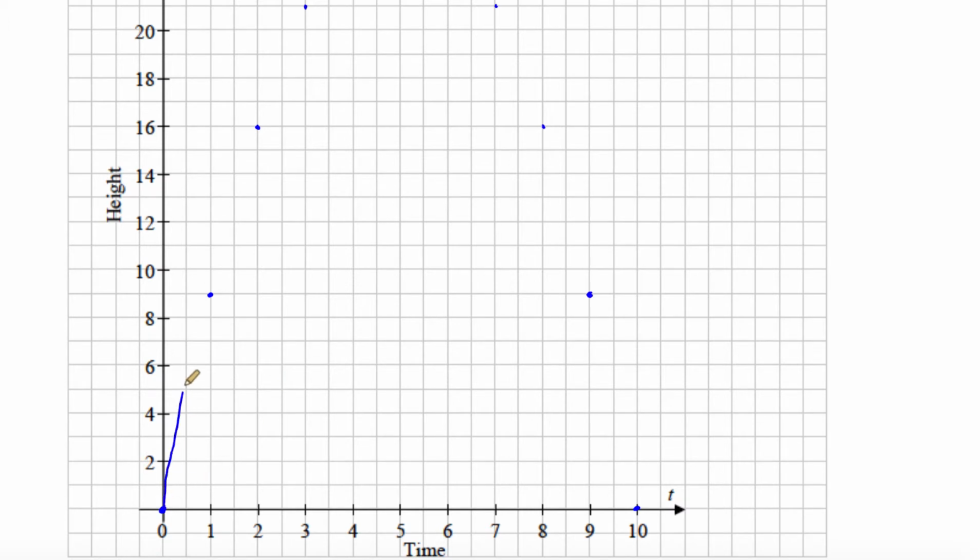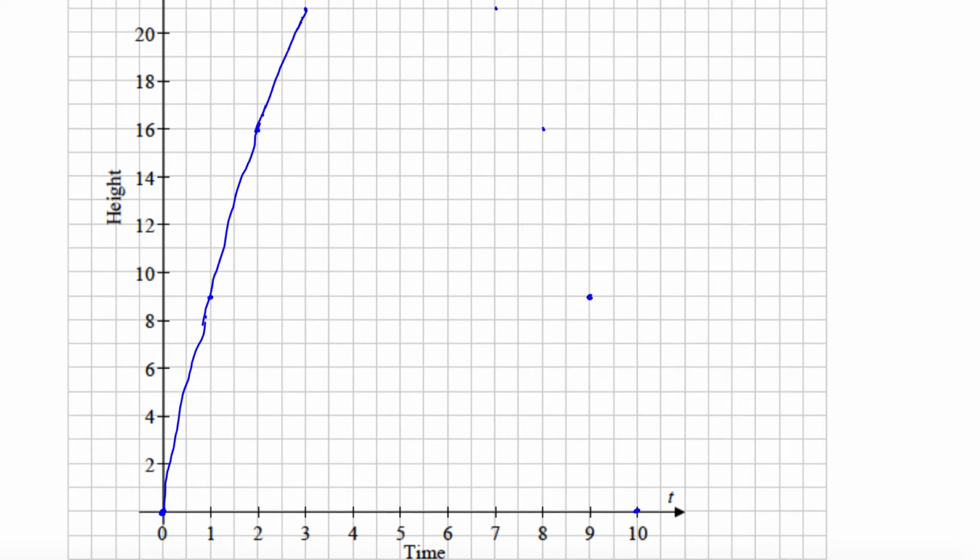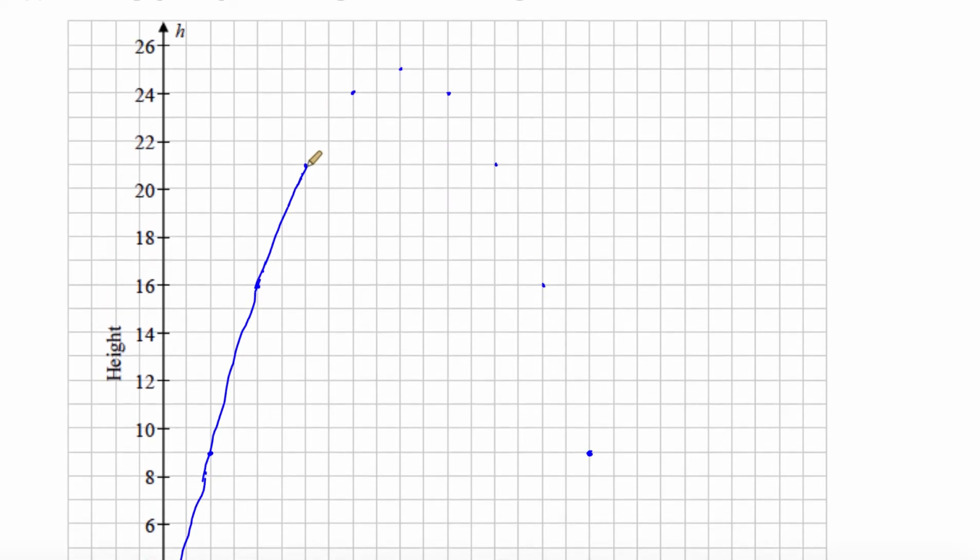You got to draw this as smoothly as you possibly can. It's hard for me to do it here on this. You should be able to do it nice and smoothly with a pencil. So you can see that's not great there.